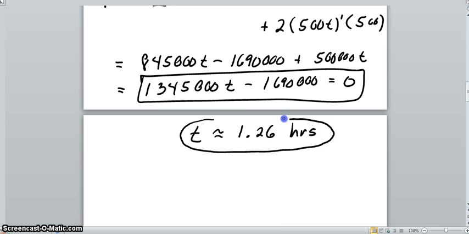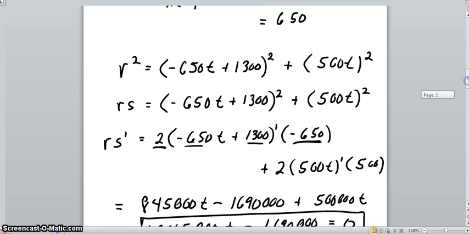So I think that will be the time at which the distance between the two planes is a minimum. And then the second part of the question was, what is the distance between the two planes at that time? And you can use your relationship for r to figure that out.